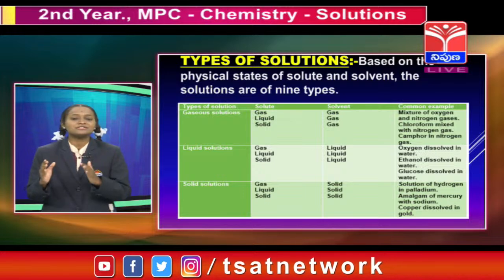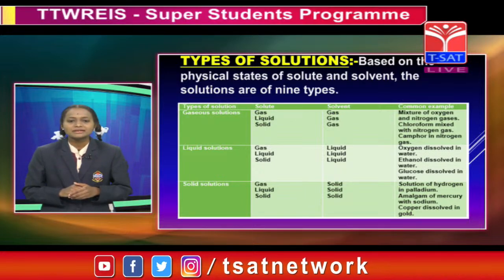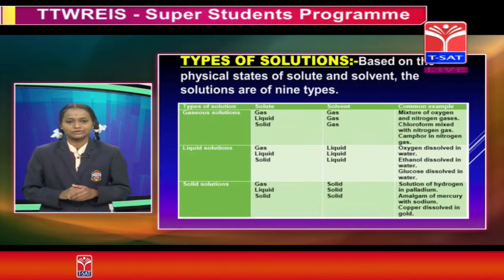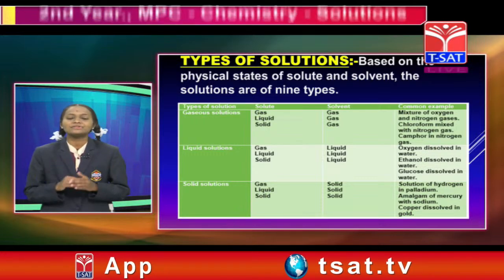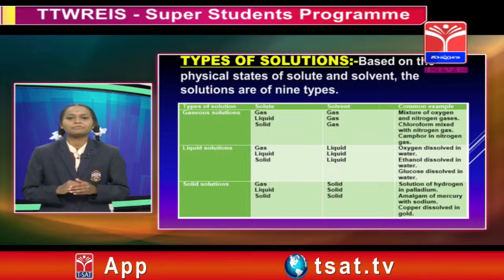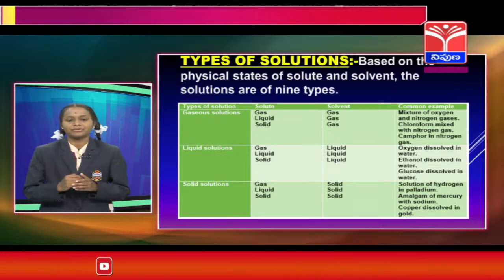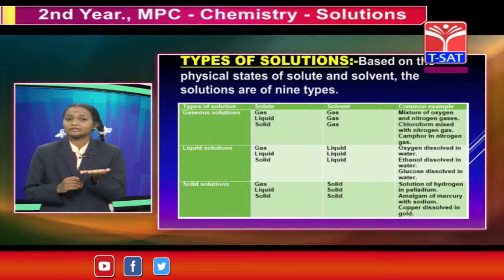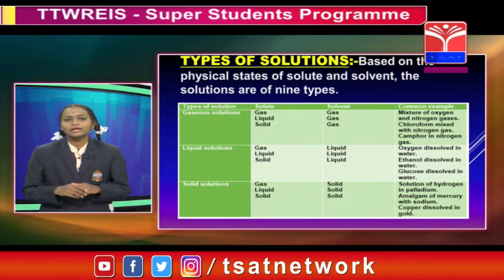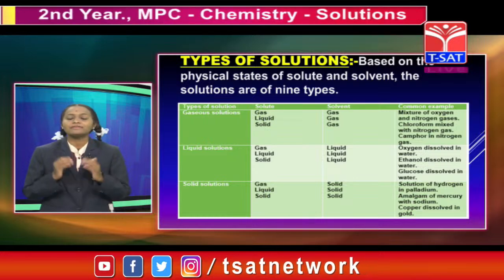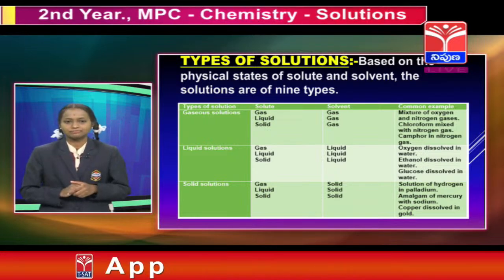So, oxygen dissolved in water is the best example for gas and liquid solution. If a liquid mixes with liquid, it gives a liquid-liquid solution. That means ethanol dissolved in water. The physical state of ethanol is liquid and the physical state of water is also liquid. If they mix with each other, they give a liquid and liquid solution.